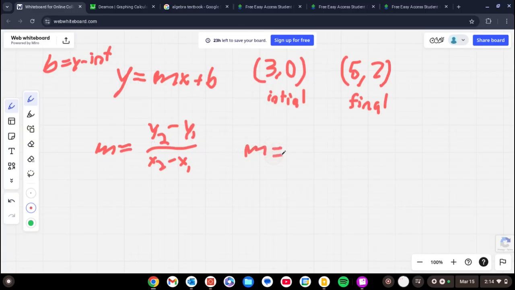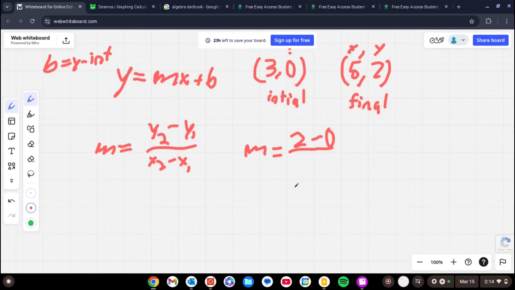So let's plug this in. If you remember that the coordinates are x, y, the final term of y is going to be 2. The initial term of y is going to be 0, because this is our initial y term.